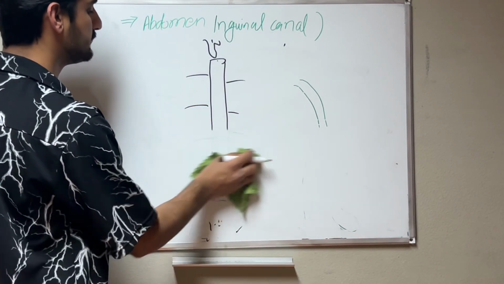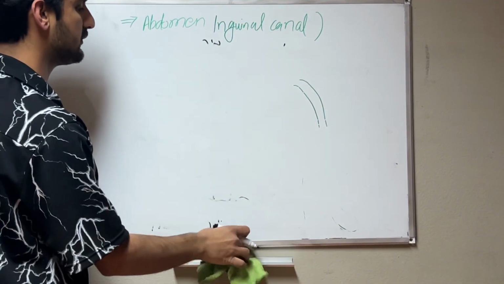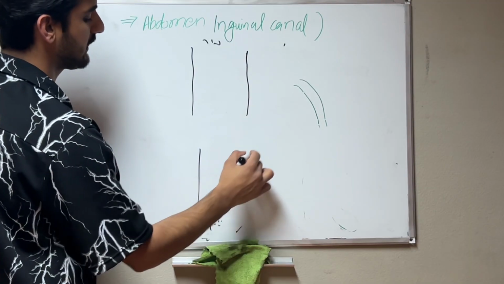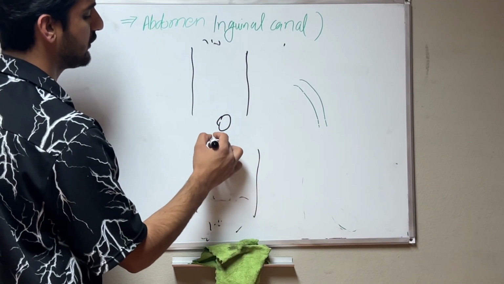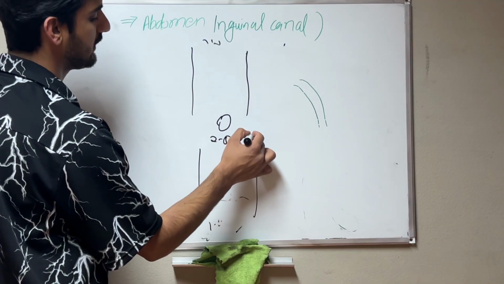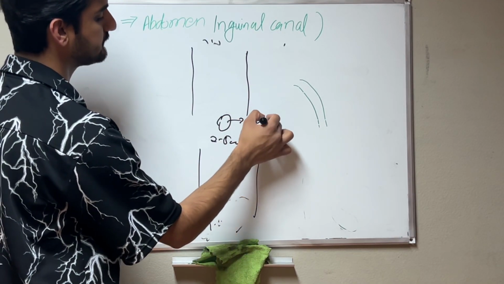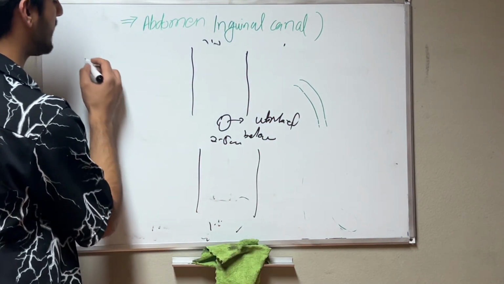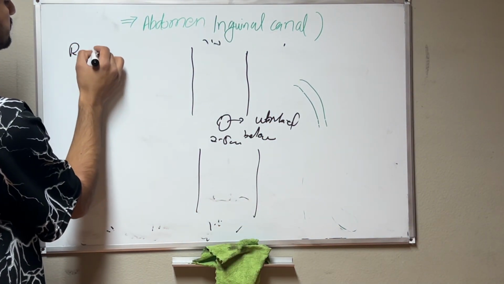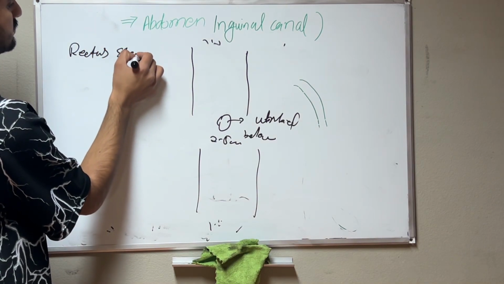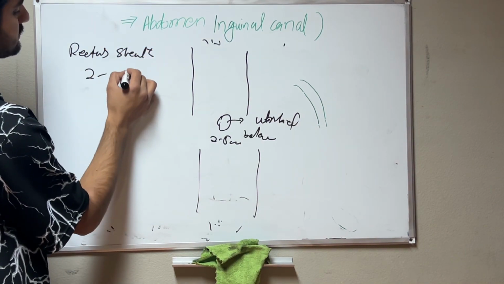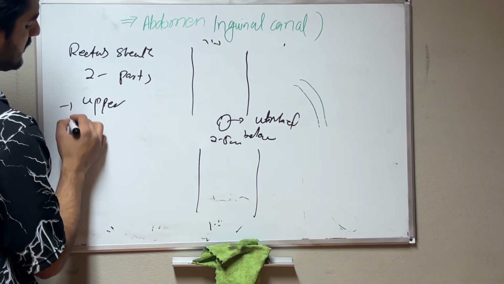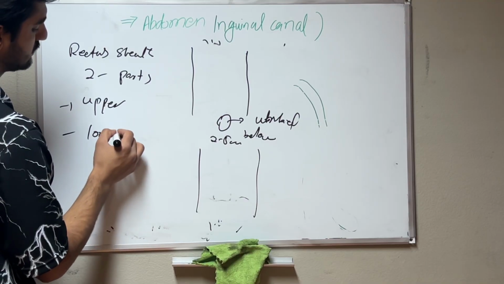And next we have the rectus sheath. If we talk about the rectus sheath, there is a line 2 to 5 centimeters below the umbilicus. We divide the rectus sheath simply into two parts, an upper part and a lower part.